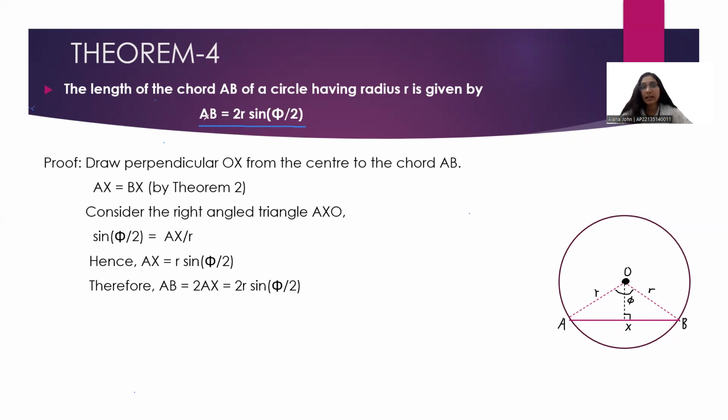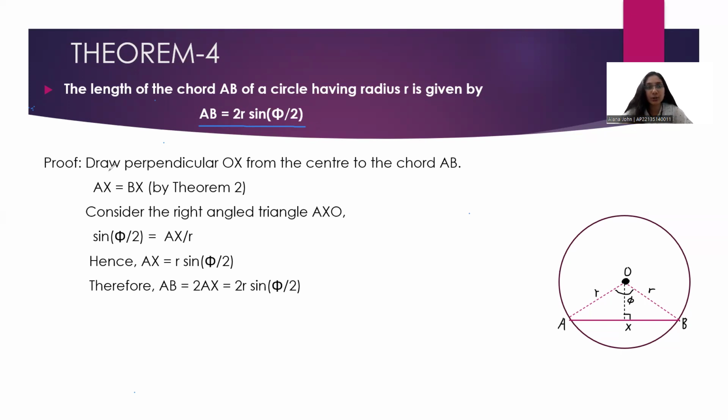So, in order to calculate the length of the chord AB, we need to know the radius of the circle and also the angle subtended at the center of the circle by the chord AB. Then the formula is given by AB equal to 2R sine phi by 2. Let's move on to the proof of this theorem.